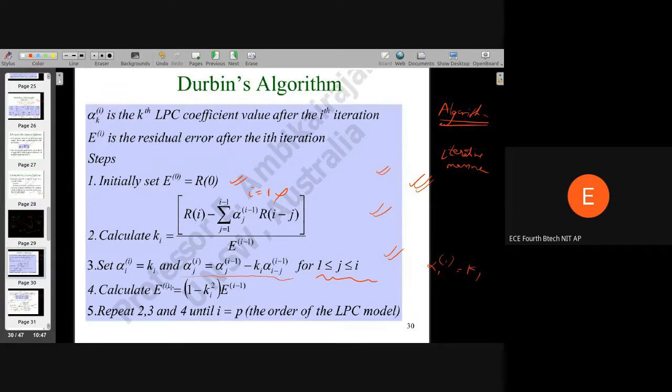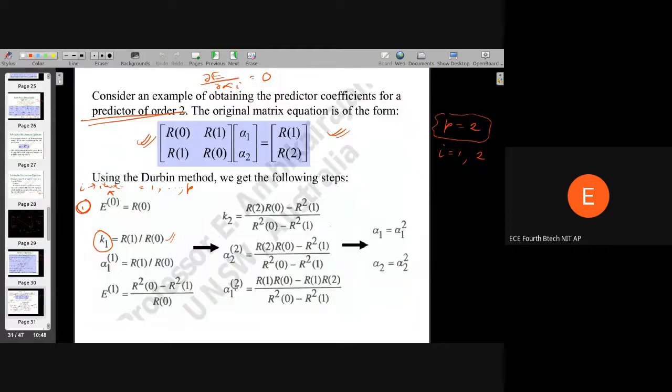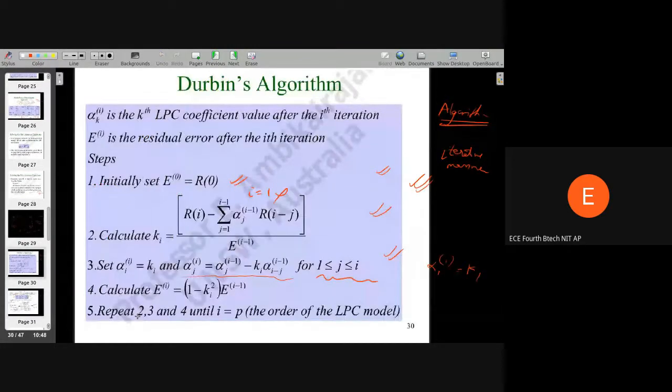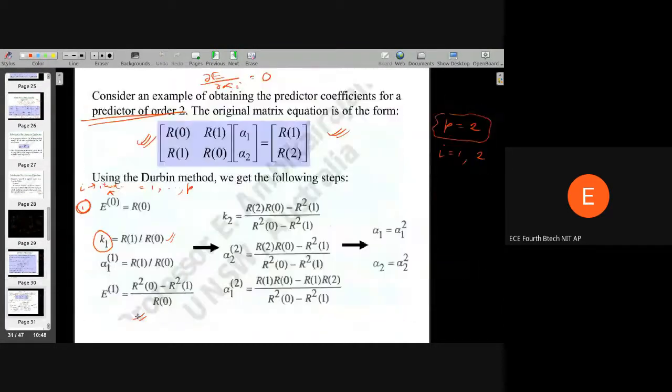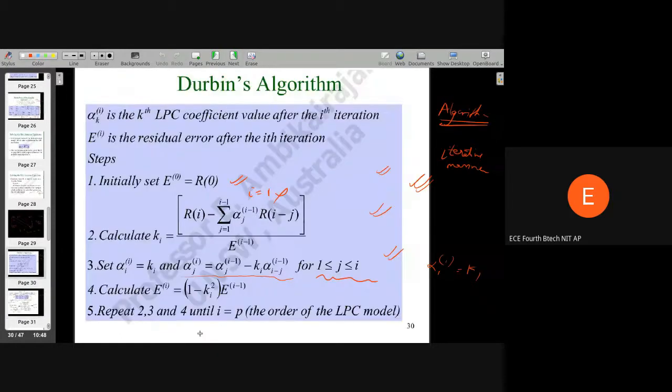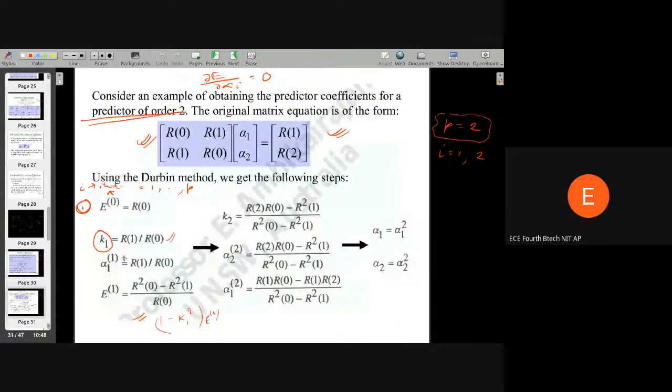So in the first iteration, E1 equals 1 minus K1 square, times E0. If you plug in all these values, it comes out like this.